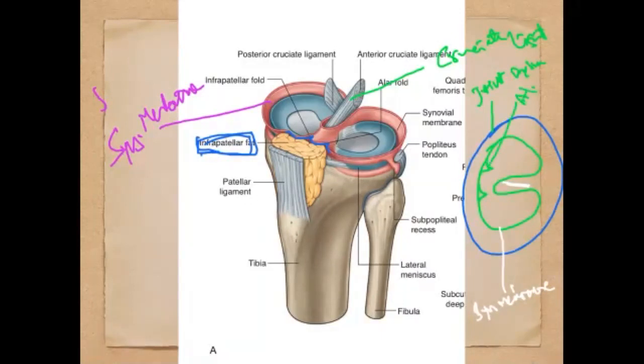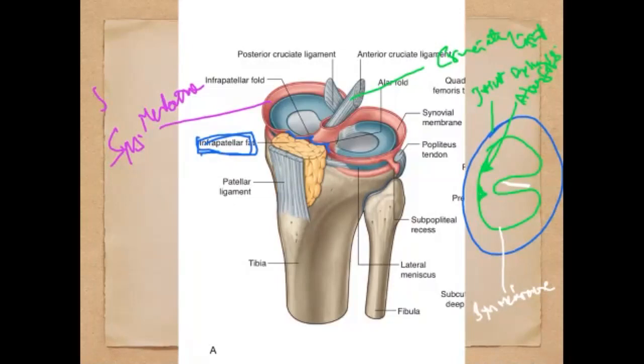These are alar folds. Superiorly, the infrapatellar fat pad is posterior to the patellar ligament and anterior to the synovial membrane. Because of the fat, the synovial membrane invaginates into the synovial cavity. That is called the alar folds in the superior aspect.